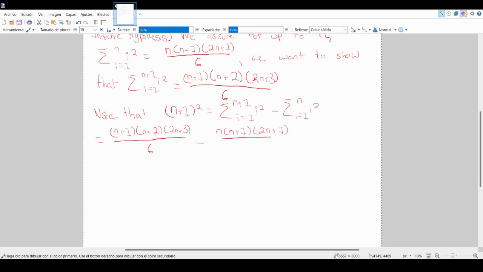n times n plus 1 times 2n plus 1 divided by 6. We will take this 6 out, and we will have 1 over 6 times n plus 1 times n plus 2, all the terms in our, minus n times n plus 1 times 2n plus 1, like this.